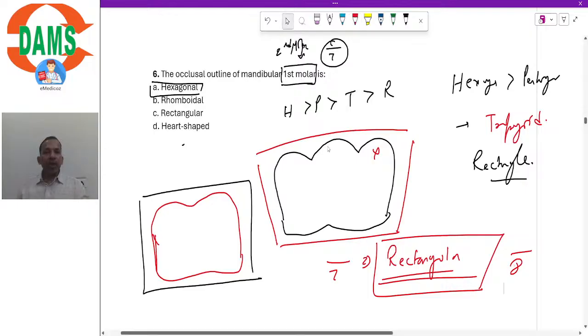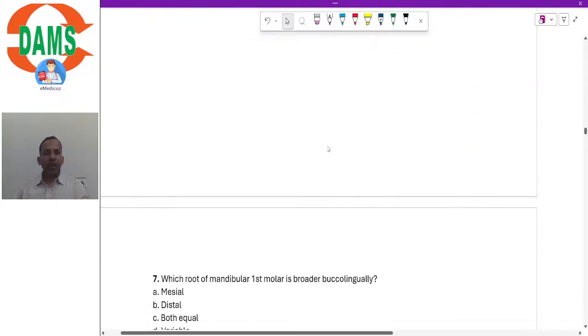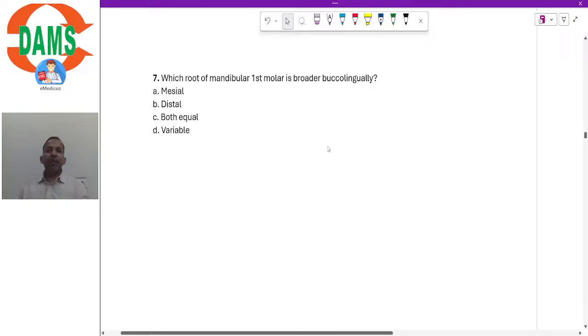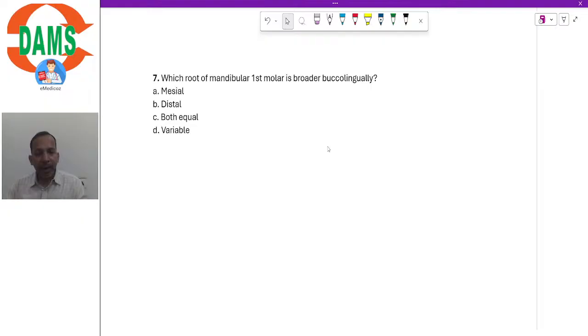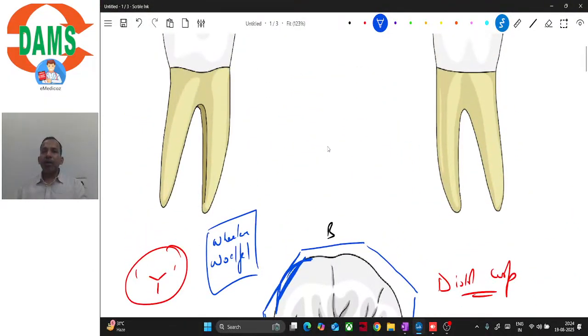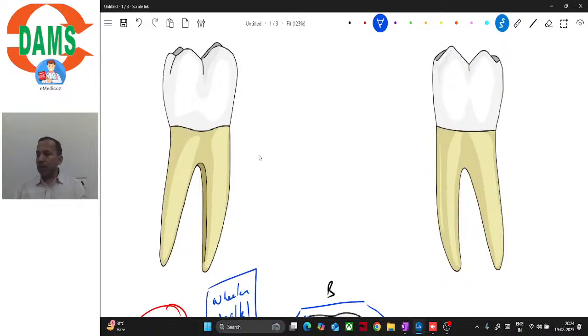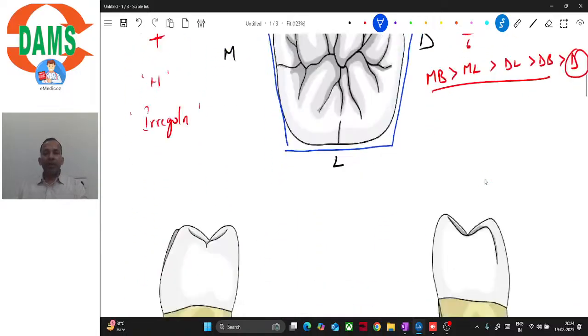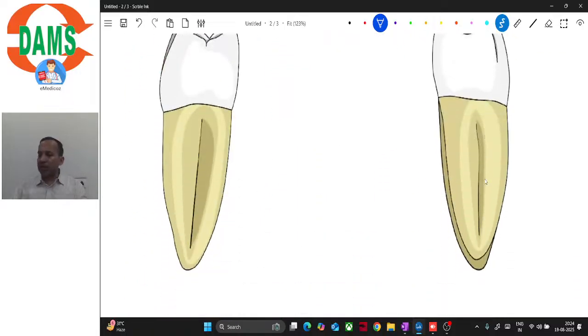So let's go to the next question. Which root of mandibular first molar is broader buccolingually? So mandibular molar has 2 roots, a mesial root and a distal root. When you take a look at these roots from a proximal aspect, be it mesial or distal, let's say this is the mesial aspect, this is the distal aspect.